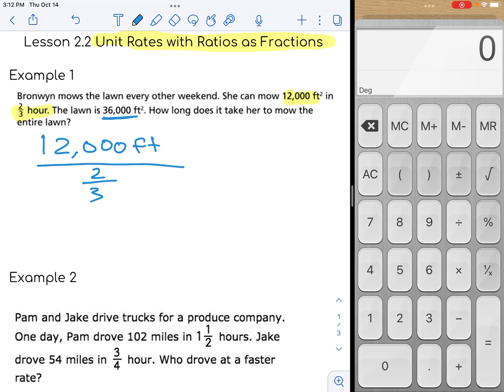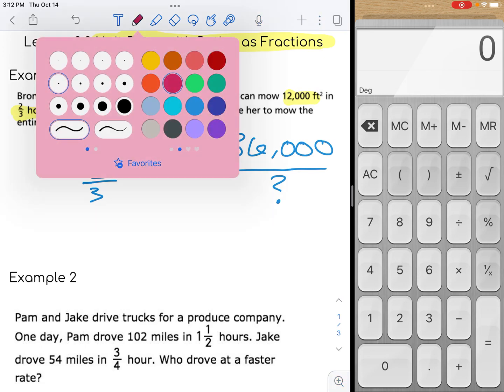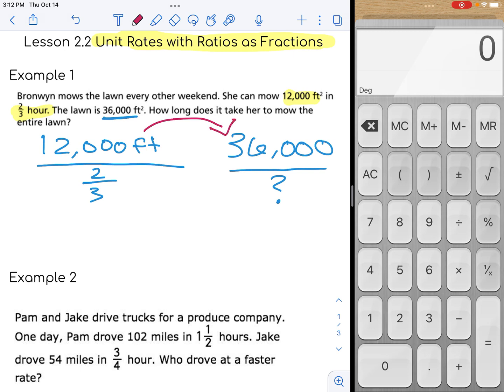So now, instead of 12,000 feet, what if I have 36,000 feet? How long would it take me to mow that lawn? So what I want to think about is, how am I getting from 12,000 to 36,000?